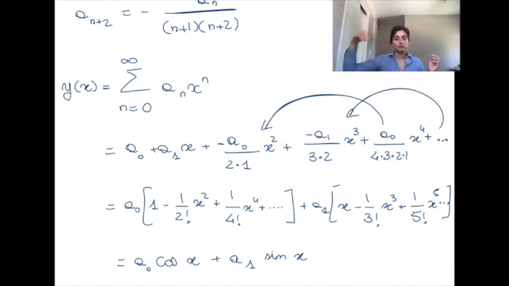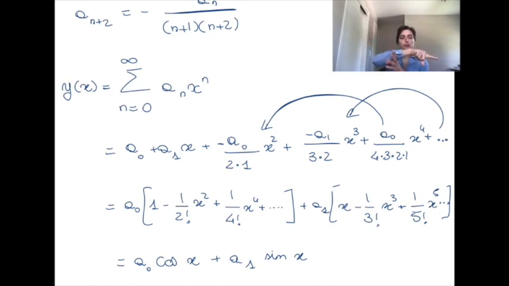We write it explicitly. So we have a0 plus a1 x plus, now we have a2, that is something that depends on a0, so minus a0 divided by (n+1) times (n+2). n plus 1 is 1, and n plus 2 is 2 in this case, because n is equal to 0, x squared, plus minus a1 divided by 3 times 2.